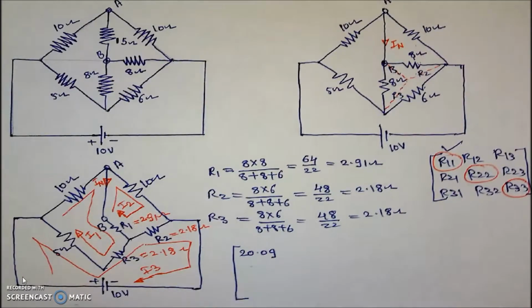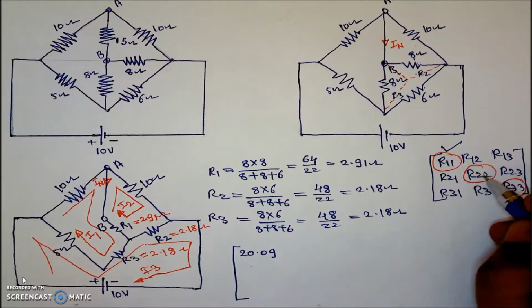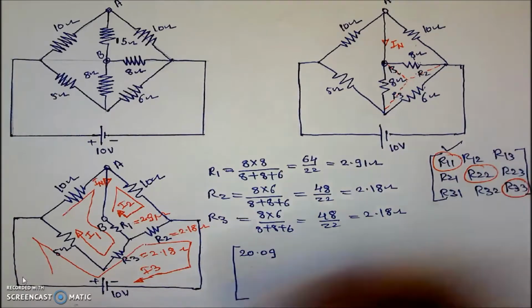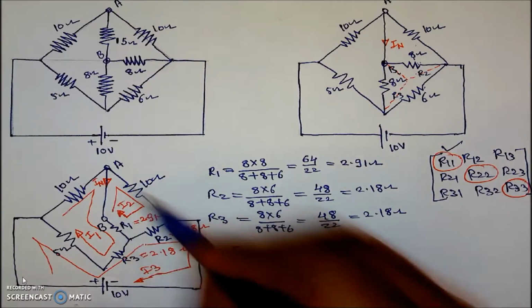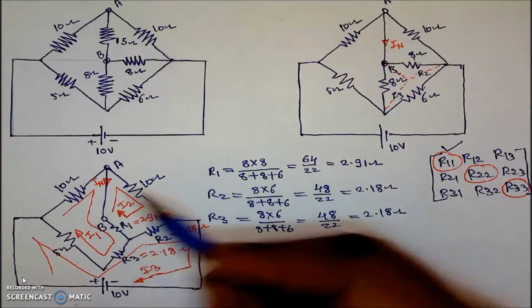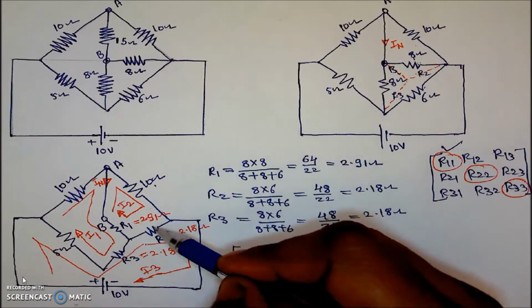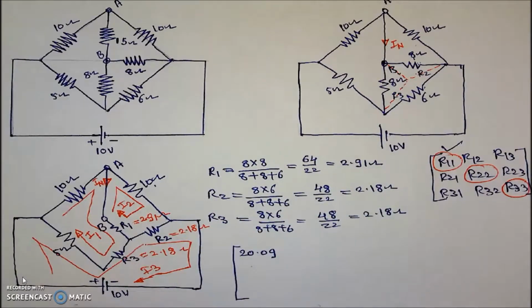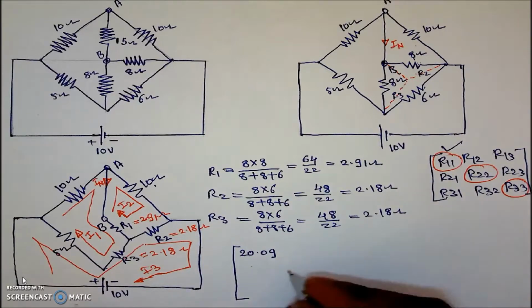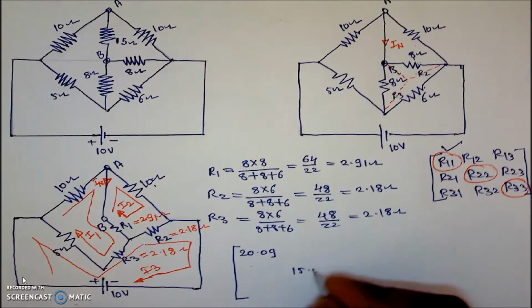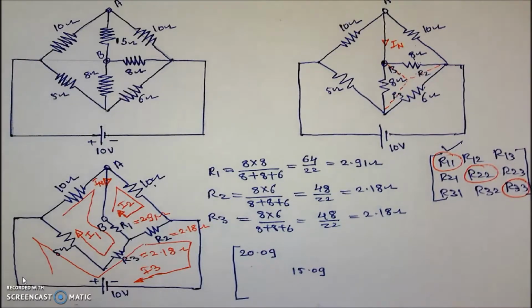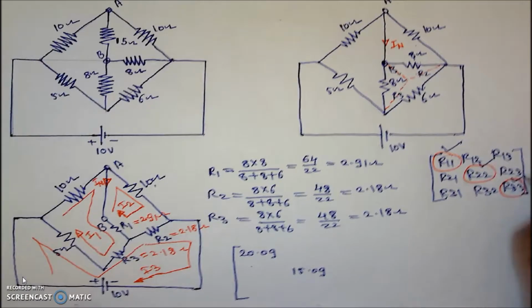Then R22 is the second diagonal element. R22 is the resistance of the second loop, which is 10 plus 2.18 plus 2.91 and so on. If we do its addition, it is 15.09. This 15.09 is the R22.